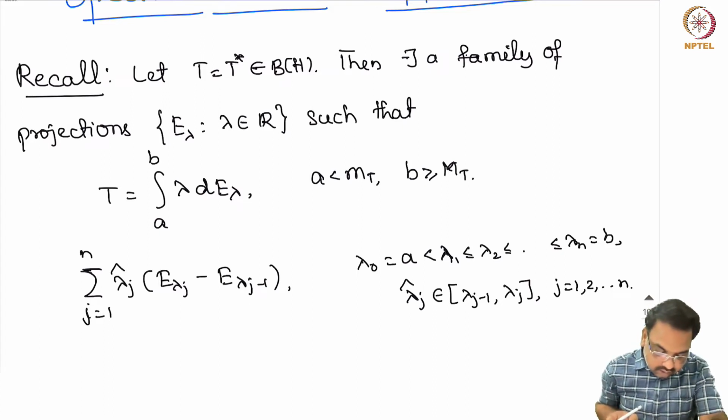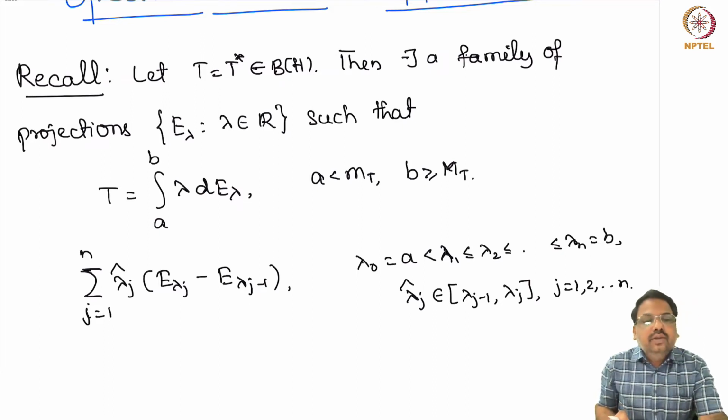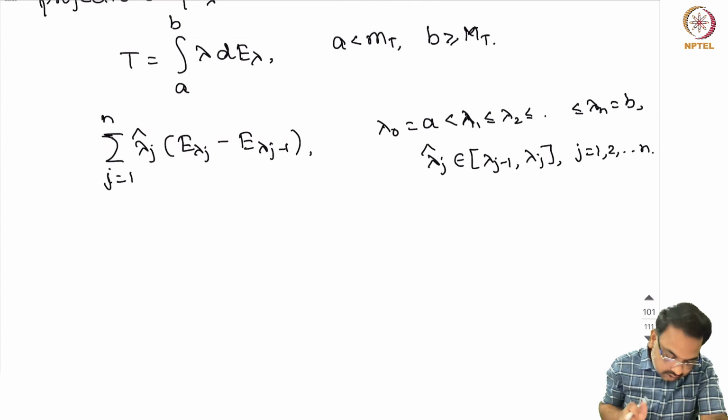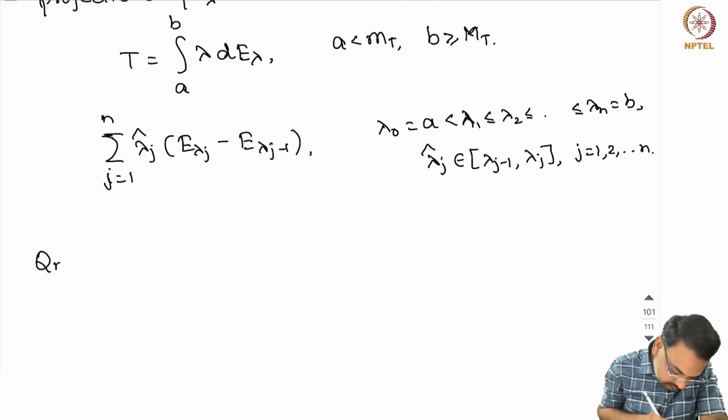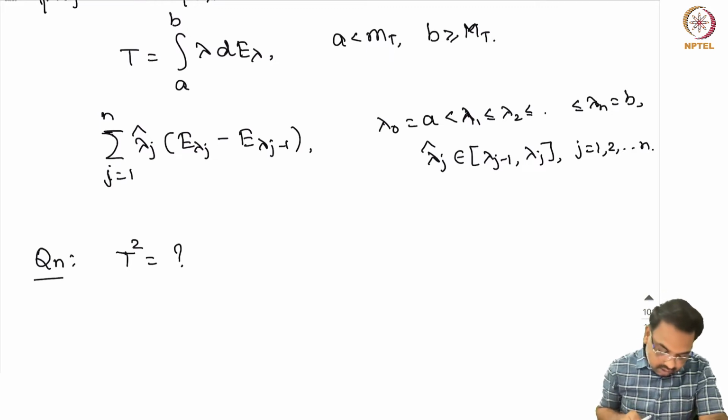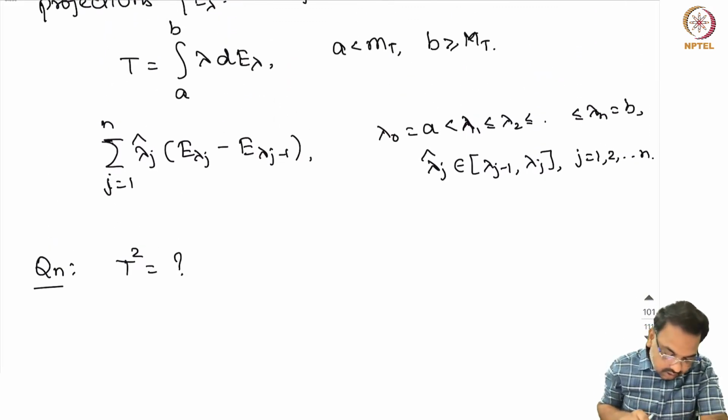Now we want to ask what will happen to T square. The question is the following: how to represent T square? Then we can ask later how to represent T power n for a natural number. So let us look at this.